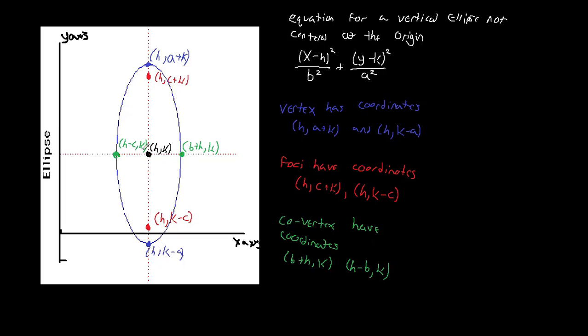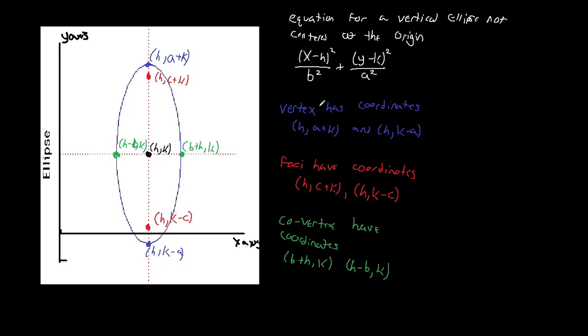Oh, actually, now that I'm looking at it, that should be h minus b, not h minus c. H minus b, comma k, because we're going over h, and then we're going back b. So again, same thing as before. You can see that the equation looks very similar, but how we actually get the a's, b's, and c's out of the coordinates is going to be a little bit more tricky.